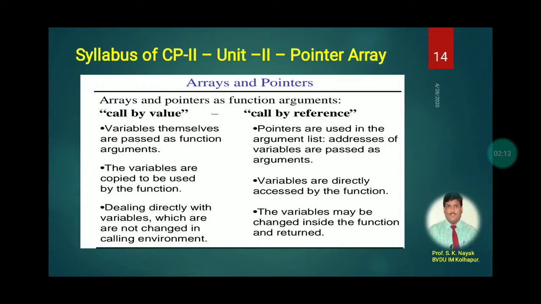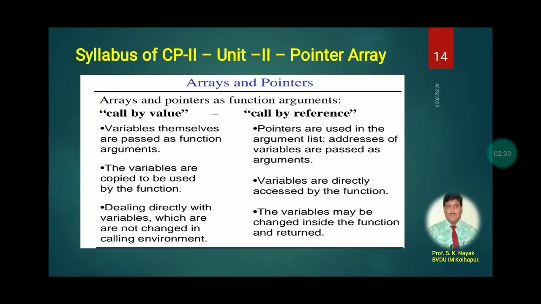So when we pass a pointer to a function, we use call by reference. Call by value and call by reference have three different statements here. Variables themselves are passed as a function's arguments in call by value, whereas in call by reference, pointers are used in the argument list. Addresses of the variables are passed as the argument.